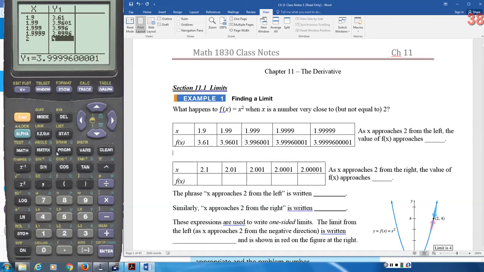The purpose of the arithmetic is you're starting out somewhere close to 2 and then moving closer and closer, and then observing what happened to the values of f of x as you did that. As you moved closer, the values of f of x, 3.61 is not all that close to 4, is it? But 3.961601, well, that's quite a bit closer.